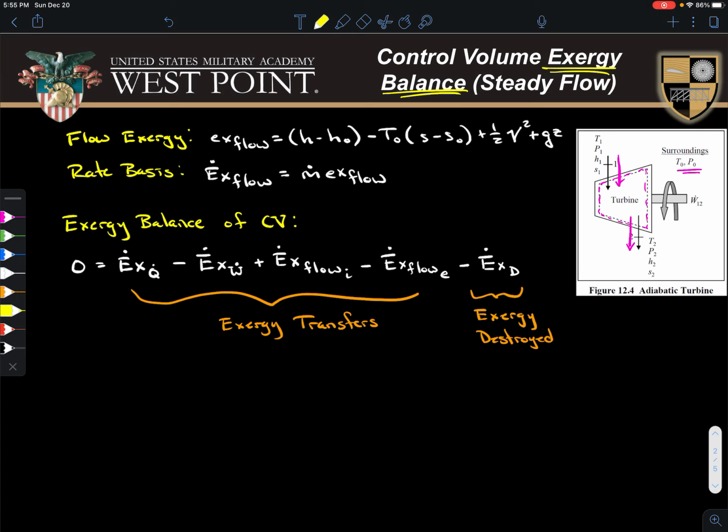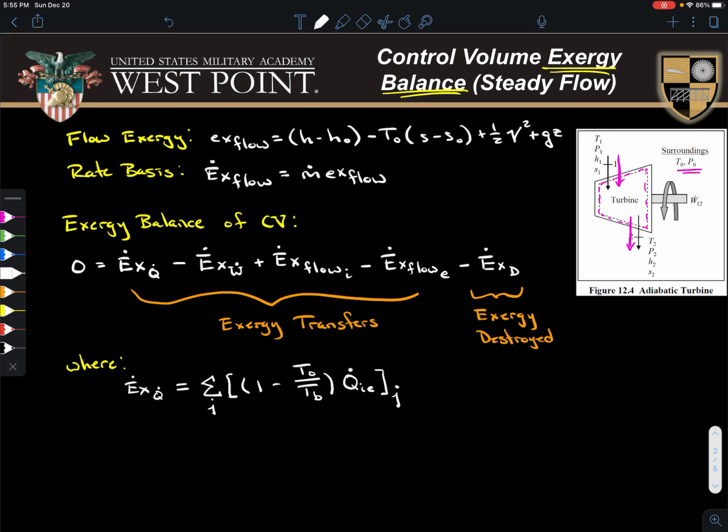Okay, so if we talk about each of these things, the rate of exergy as a result of heat transfer would be defined as such. Remember, we could have multiple locations in a system that are transferring heat into or out of the system. We have our dead state temperature, our boundary temperature, which you would often be given in an exam or in a WPR, with our rate of heat transfer at any given location j.